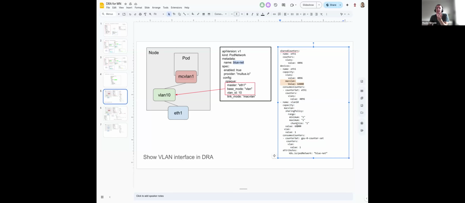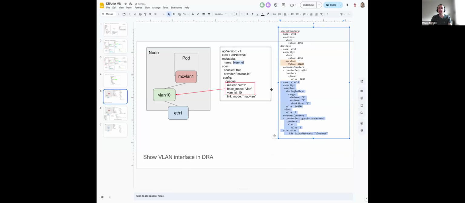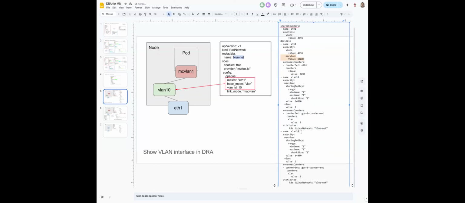What is missing is the separate object, like the VLAN 10 object, where you can put your network. Because we know that the Blue Network is connecting through Mac VLAN to VLAN 10, and it's a BlueNet. But what's missing is this capability. I want to have another one, VLAN 20.